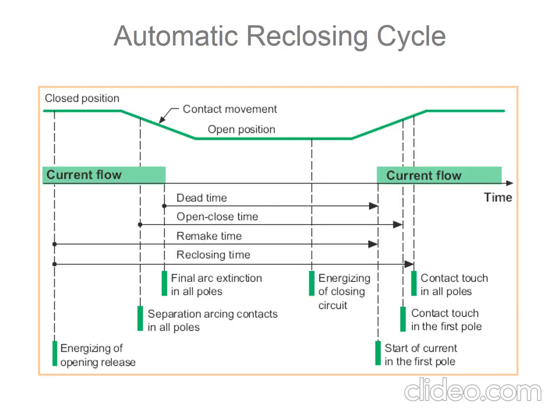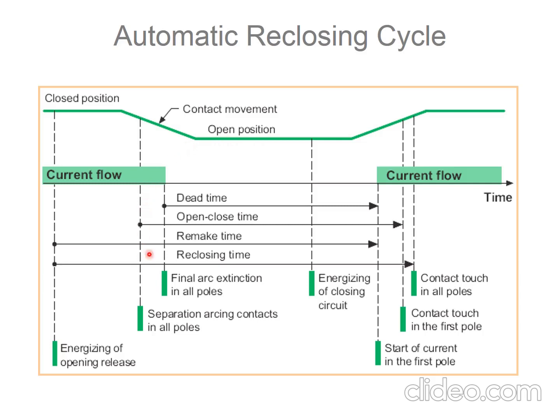This is the automatic reclosing cycle. The first one is the close position. Again, we can see here the open position of the CB, and it comes back to the close position. So in the close position there is current flow, and when a fault occurs, the circuit breaker will open.